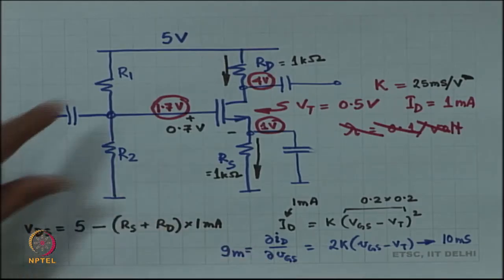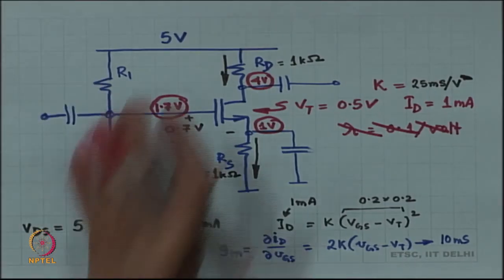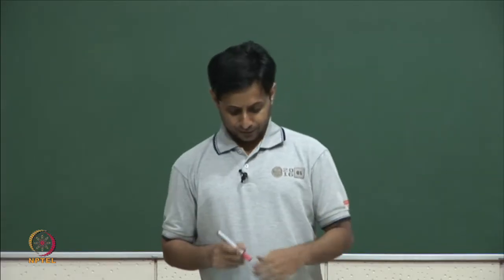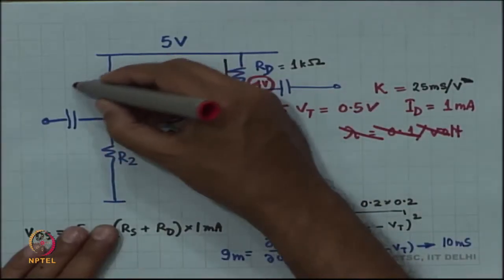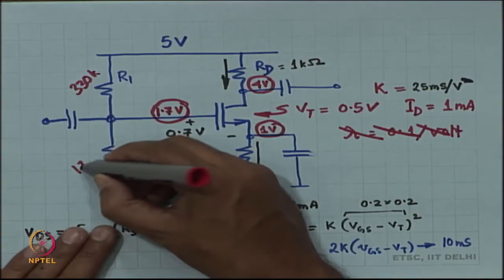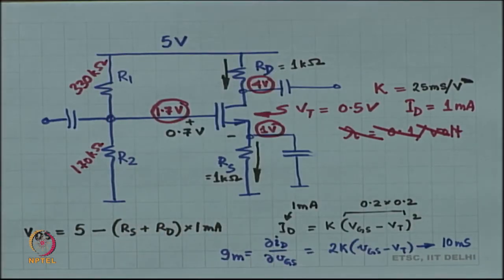Okay. This also tells you how to choose values of R1 and R2, right. For example, R1 and R2 could have been 330 kilo ohms and 170 kilo ohms. R1 and R2 could have been 3.3 mega ohms and 1.7 mega ohms, for example.